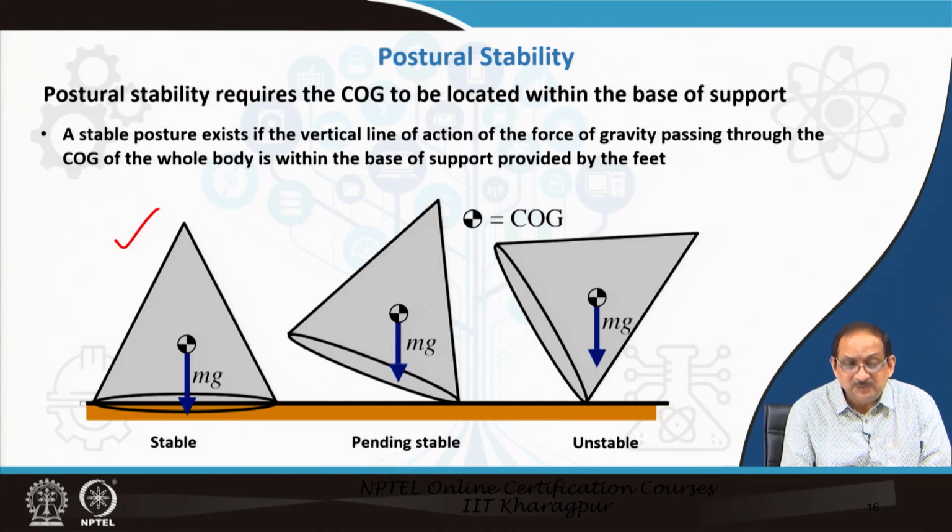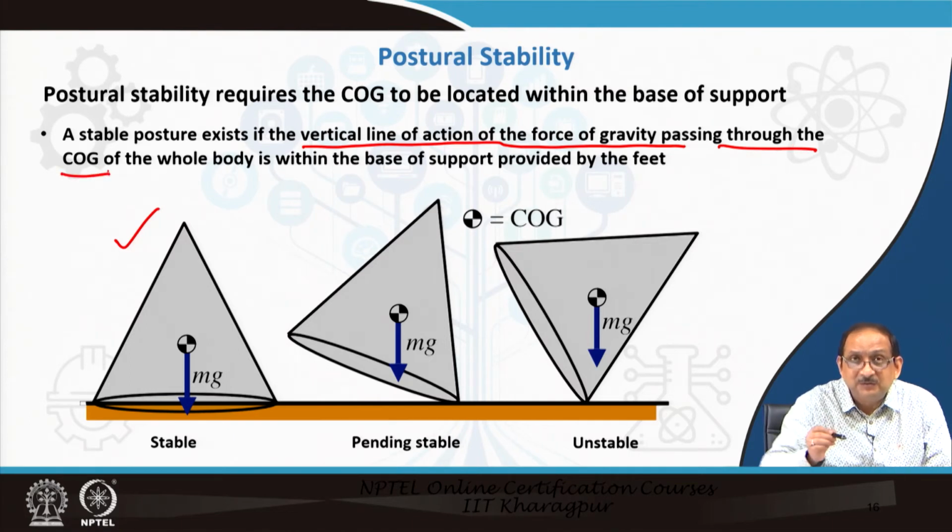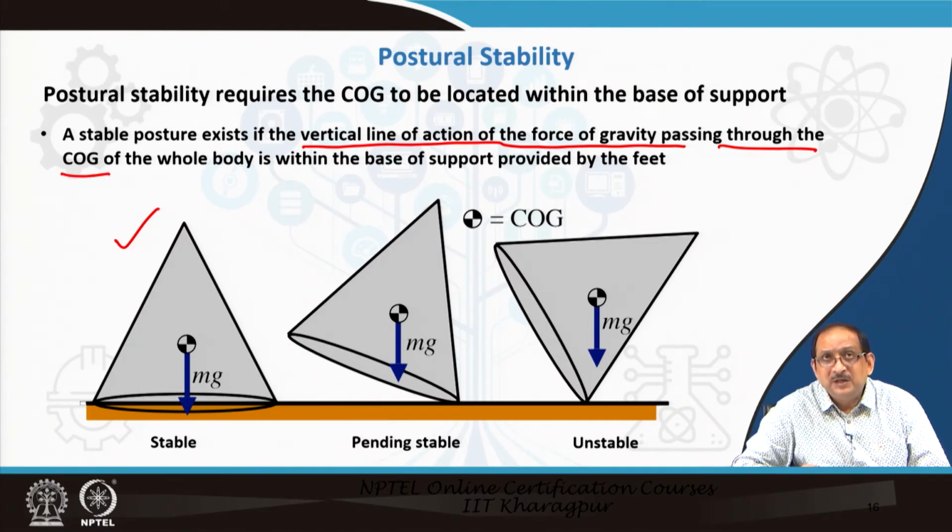A stable posture exists if the vertical line of action of the force of gravity passing through the center of gravity of the whole body is located within the base of support provided by the feet. Okay? So, the position of the feet is important to provide the base of support, which eventually offers stability to the posture.